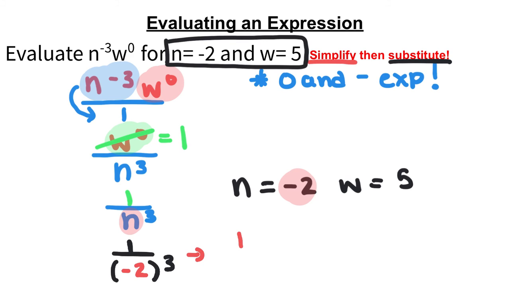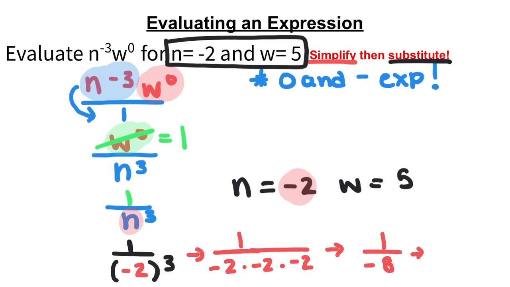If I rewrite this, it becomes 1 over negative 2 times negative 2 times negative 2. And we plug that in the calculator, it becomes 1 over negative 8, which I rewrite as negative 1 over 8 as my final answer.